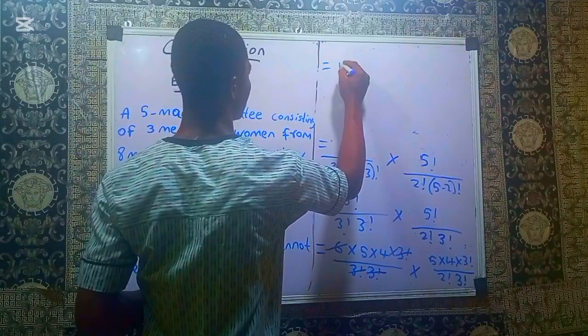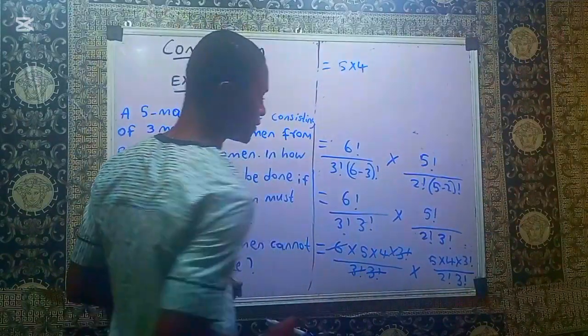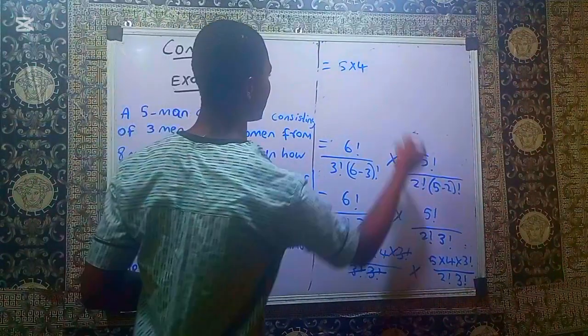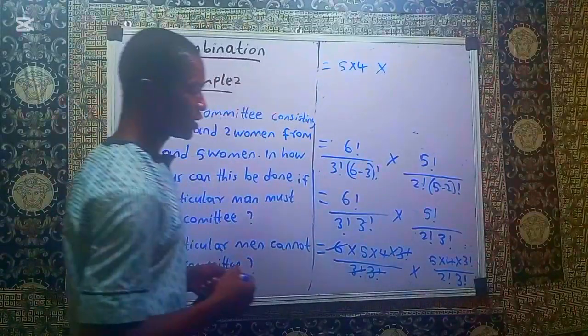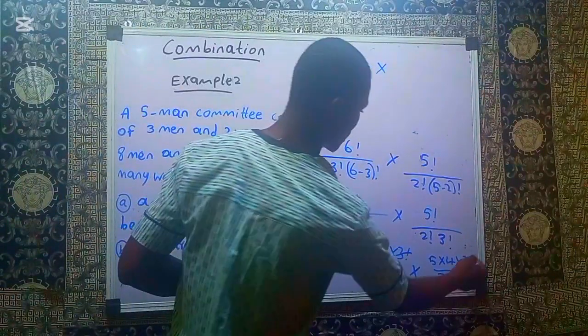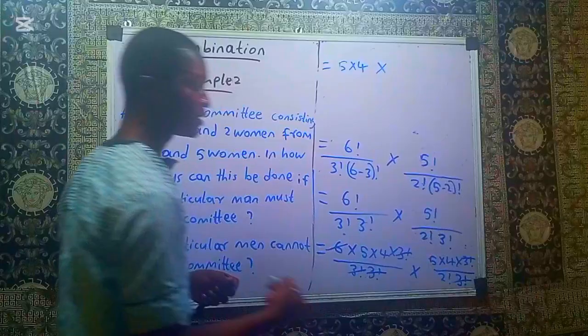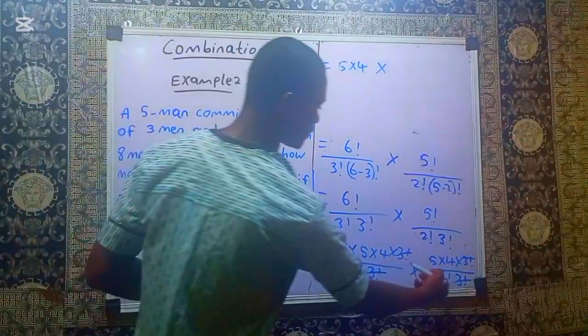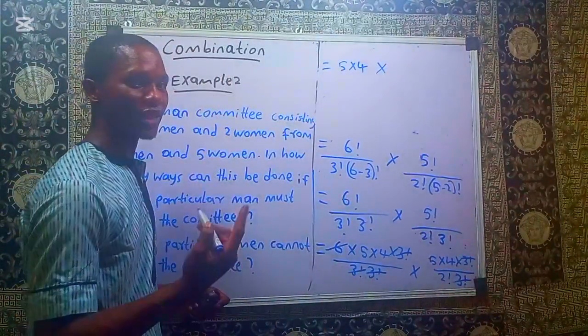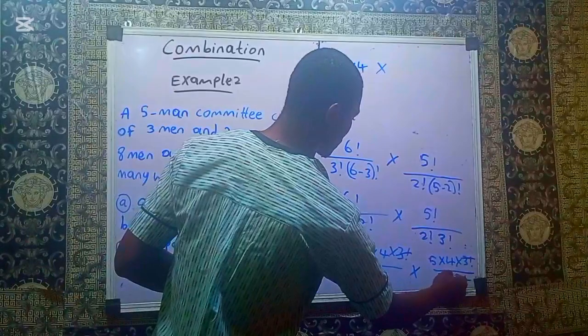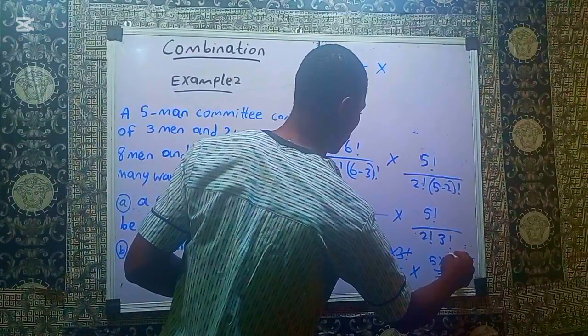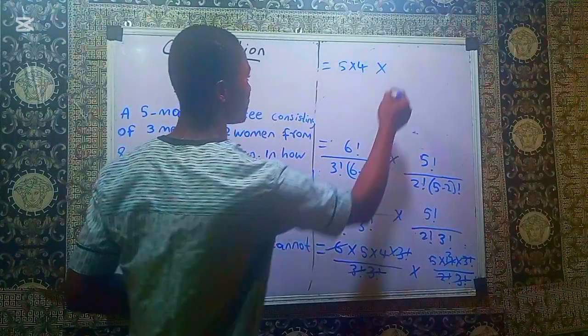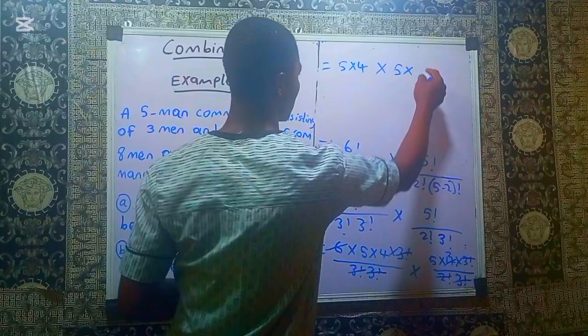What you have left here is 5 times 4, right? Then you have times at the middle here. Then here we have 3 factorial up here and 3 factorial down here. They will cancel. Then you have 2 factorial here, which is 2 times 1, which is 2. And 2 can divide 4. And 2 divide 4, you have 2. So you now have 5 times 2 left there.